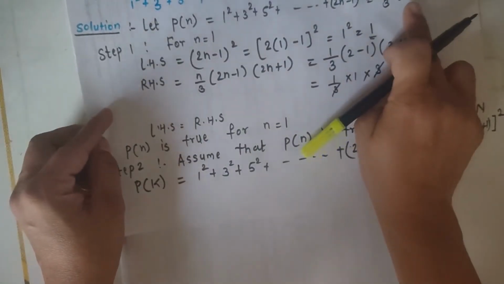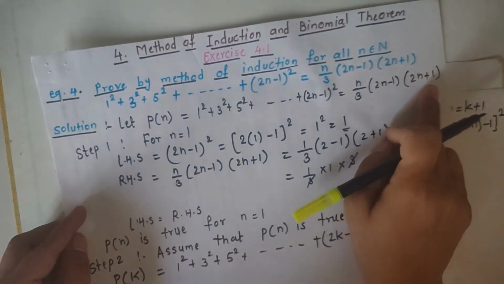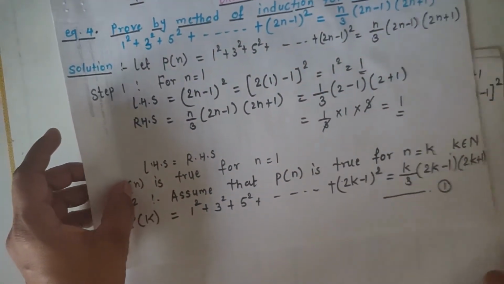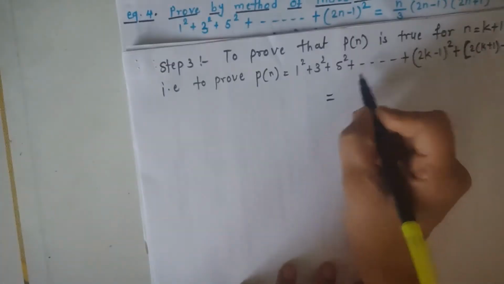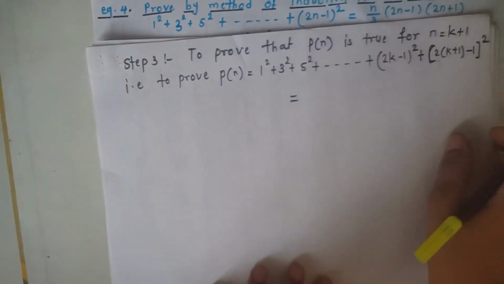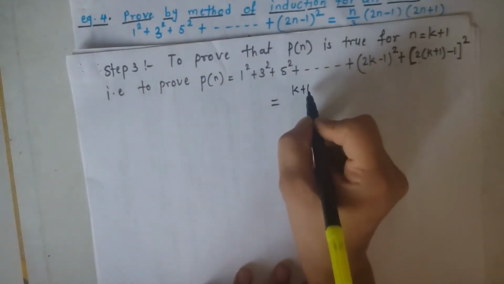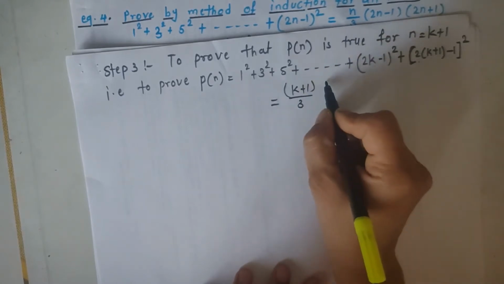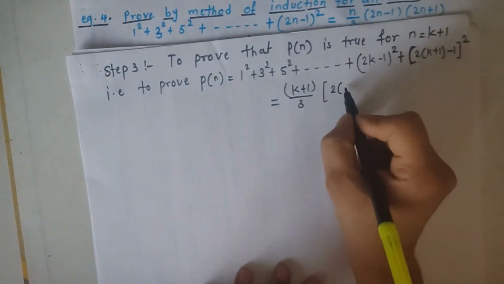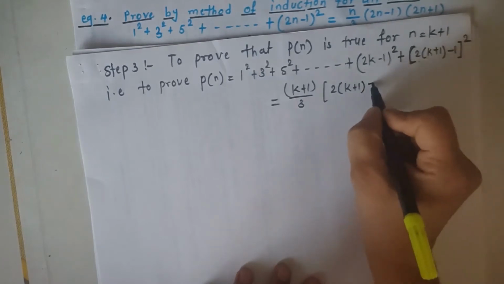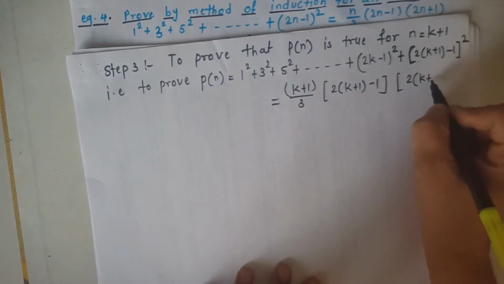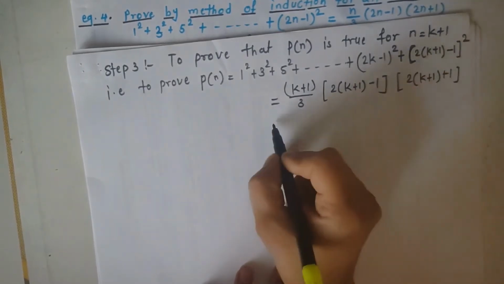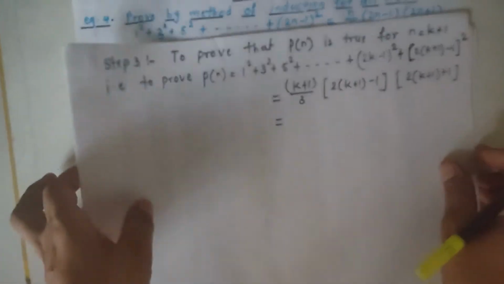Now the RHS of the given statement is n by 3 into (2n minus 1) into (2n plus 1). So write here in terms of k plus 1. So we can write n by 3, here put n is equal to k plus 1. So (k plus 1) by 3 into (2 into (k plus 1) minus 1) into (2(k plus 1) plus 1).